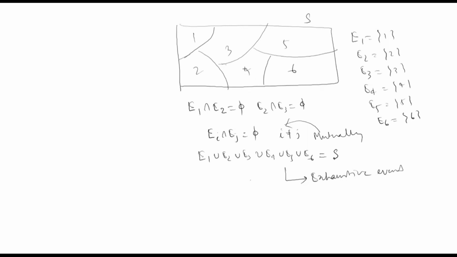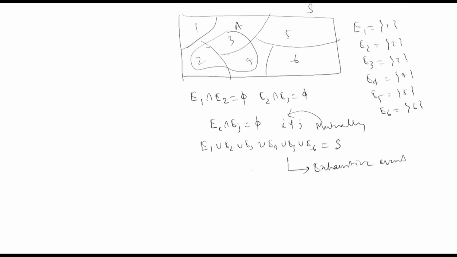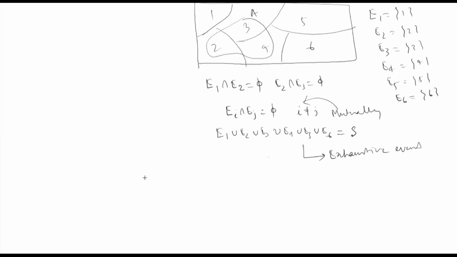In this case, if I'm interested in knowing something about an event A, I want to know the probability of this event. What we can do with this event is ask, can I say that A is equal to S intersection A?